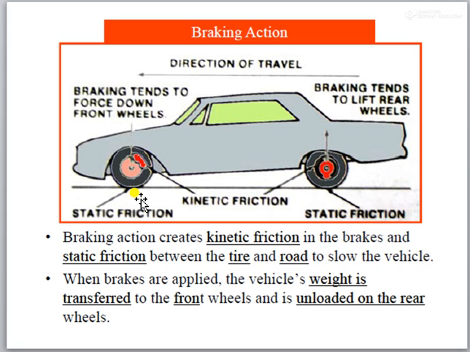So basically the value of static friction remains the same, but the value of kinetic friction changes, and it plays a very important role in stopping the vehicle in the case of automobiles. Because static friction is fixed, it won't change.